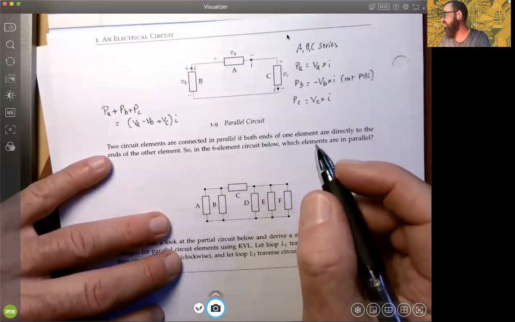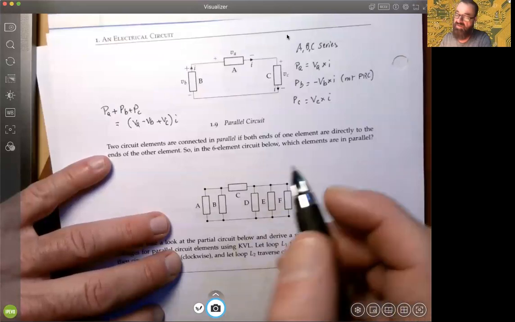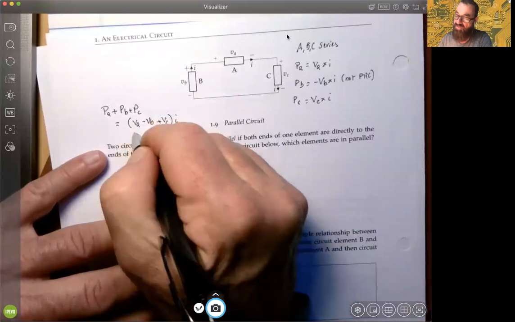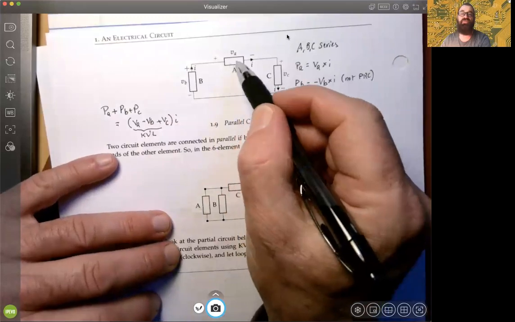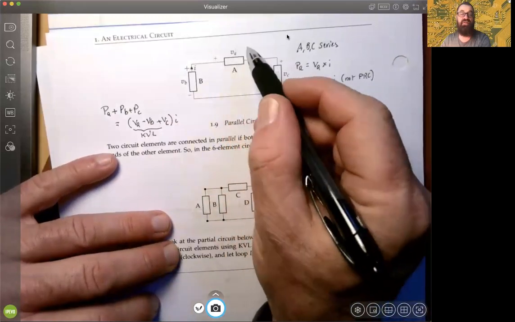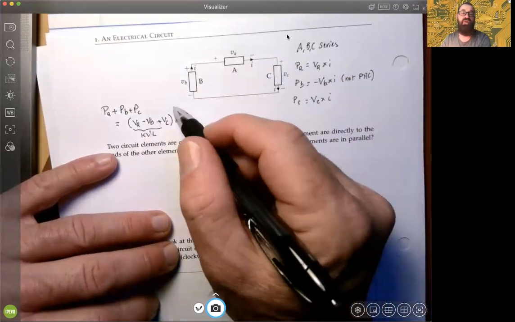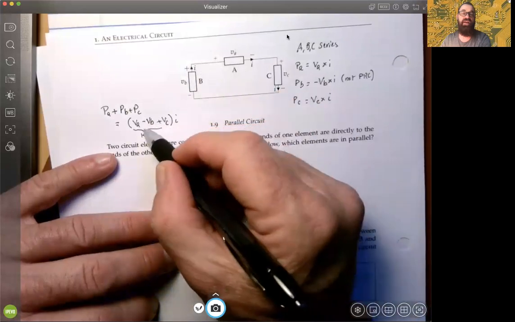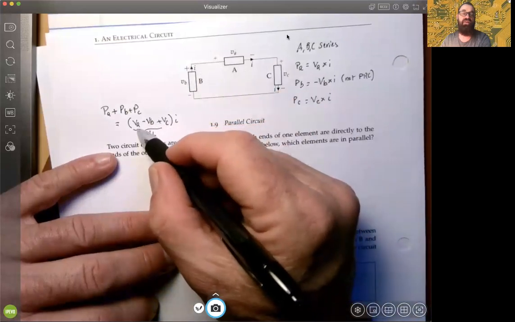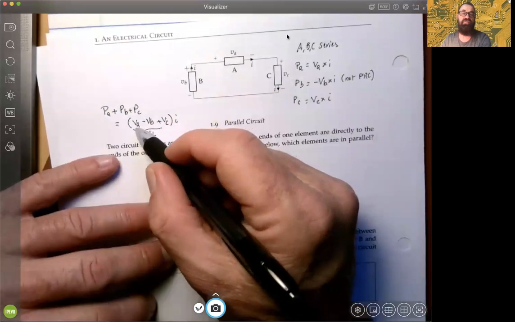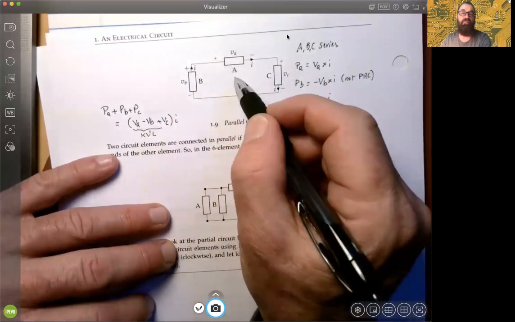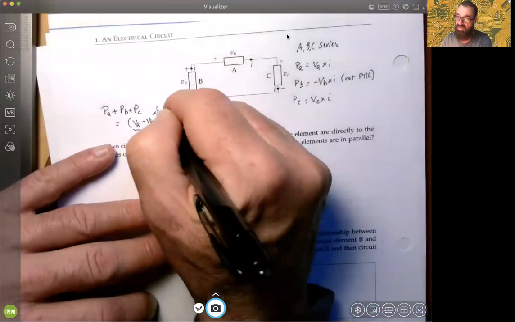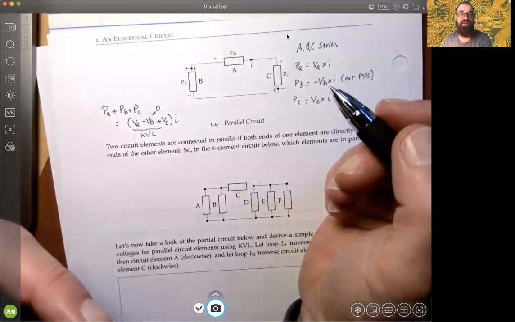circuit elements, all right? And so what's interesting here is that we already know from a KVL standpoint that as we flowed in a closed path, in this case going clockwise, this equation here, VA minus VB plus VC, must be equal to 0, according to KVL.